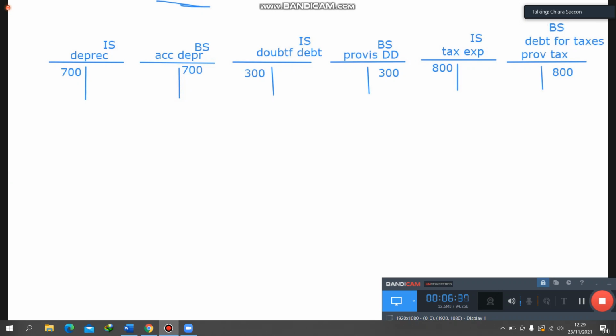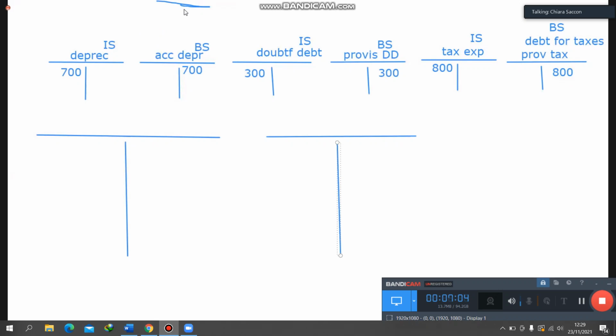Okay, this is done. Here we have all our accounting system. So all accounts, the so-called ledger account. And at the end of the year, we transfer them into the two final big accounts that are income statement and balance sheet at the end of the year.